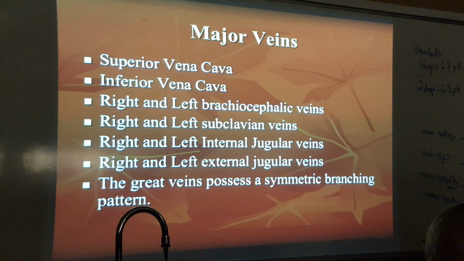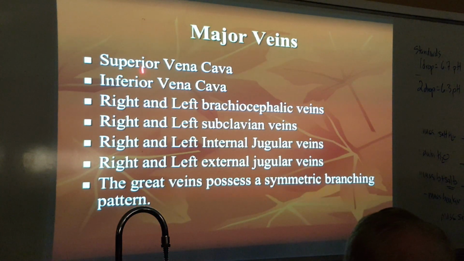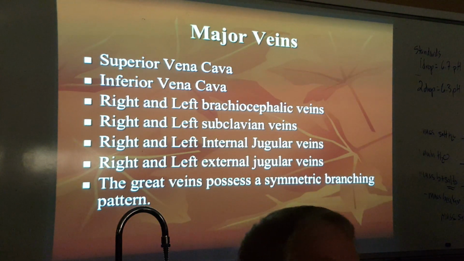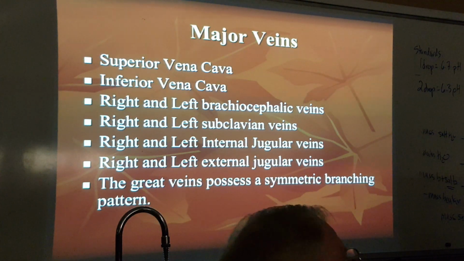Okay, the major veins, the superior vena cava, and let's go down here. The right and left external jugular veins run just underneath your sternocleidomastoid muscle.